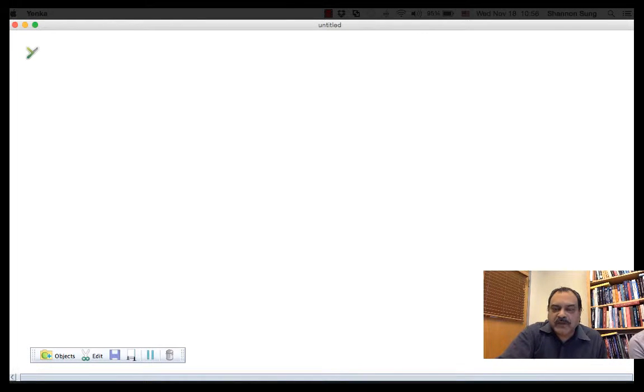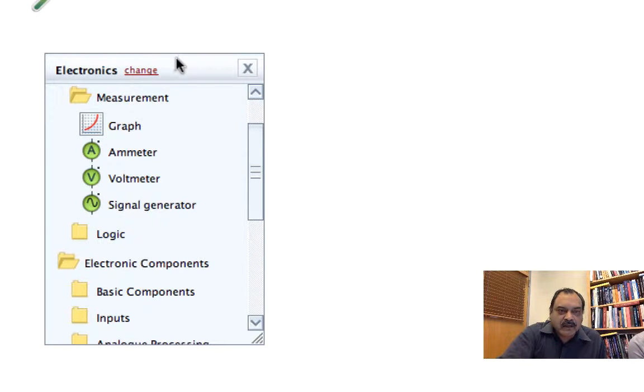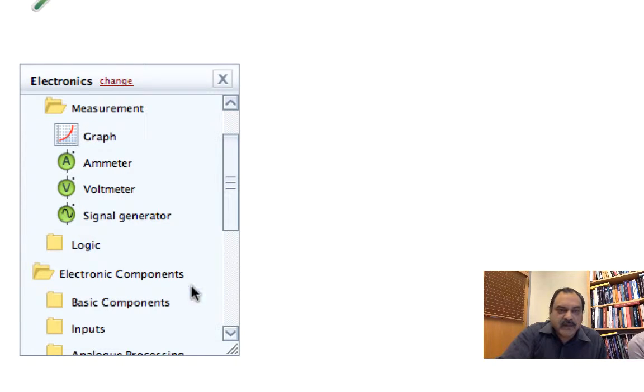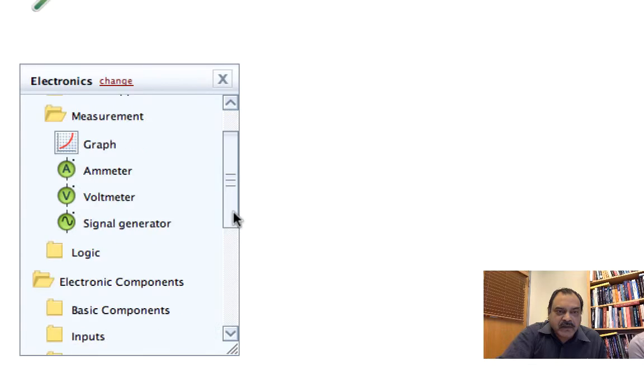When you first open the software, we get a blank screen like this, and to create a circuit, we can click Object to get a toolbox, and here's our toolbox. So we can have many components that we can build our circuit with.